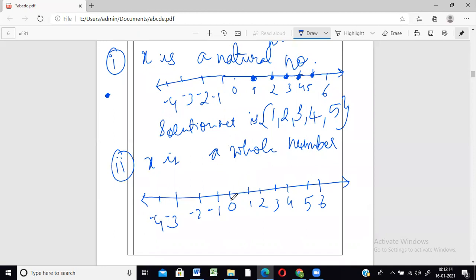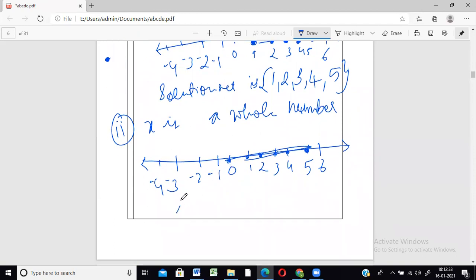Whole numbers means including 0 and all those numbers. This is the original, and it's less than 6, correct? So this much is your original answer, and this is the required answer. So what is the solution set when x is a whole number? It is nothing but the same list with just 0 added: 0, 1, 2, 3, 4, 5.